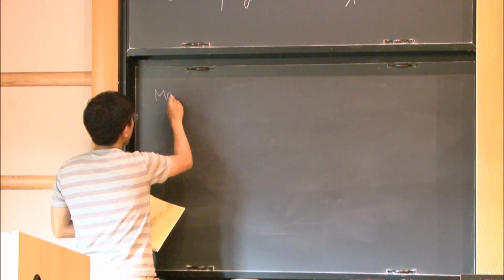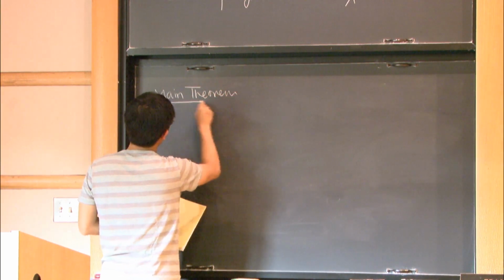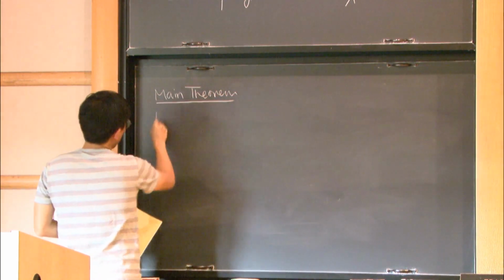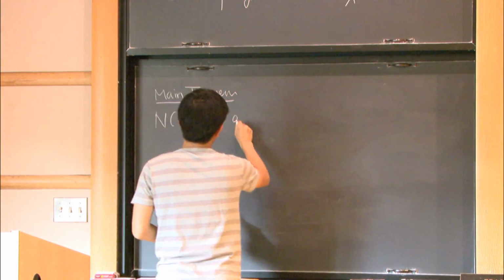And the main theorem is N of S lambda is a Lorentzian polynomial.